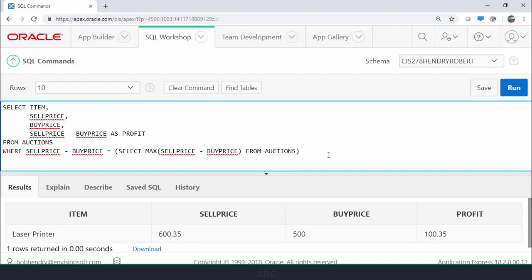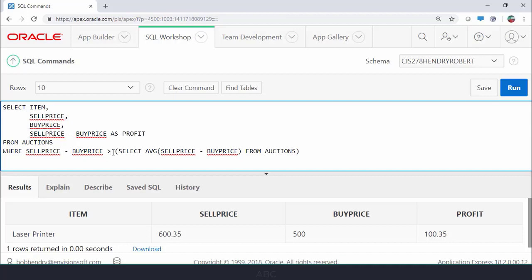Now I could change this to say, what items sold for an above average profit? I still would leave my select, and this is my profit, and I would say select AVG, sell price minus buy price, where the sell price minus the buy price is greater than that.